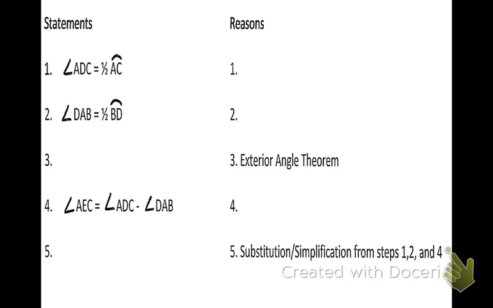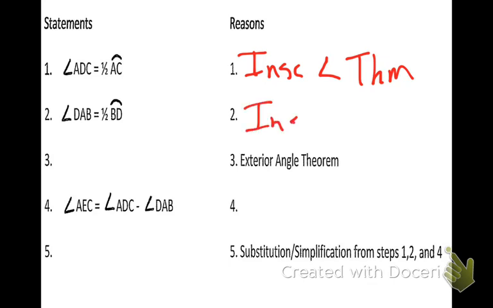Bryant? Right, that's the inscribed angle theorem. How about DAB equaling half of BD? Brittany, why is that? That's the inscribed angle theorem. Step 3. What do I know by the exterior angle theorem?